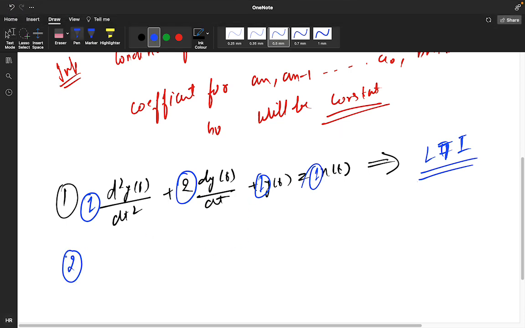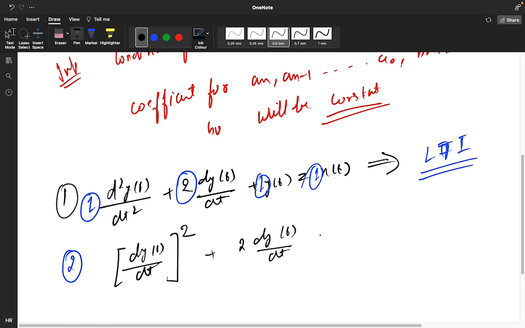What about question number 2? If you are having (dy(t)/dt) the whole square plus 2 dy(t)/dt plus y(t) is equal to x(t).